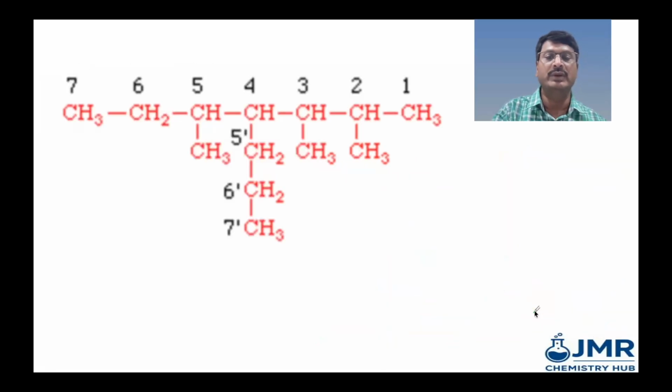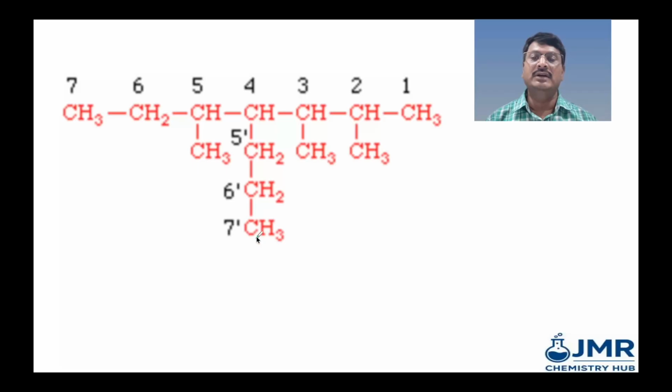Let us come to one more example. It is a complicated, long chain compound. Same thing, first you have to select the parent chain. Here there are two long chains, with 7 carbons: 1, 2, 3, 4, 5, 6, 7, and one more, 1, 2, 3, 4, 5, 6, 7.